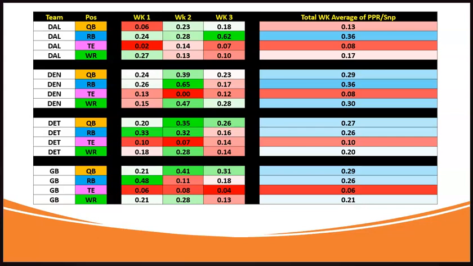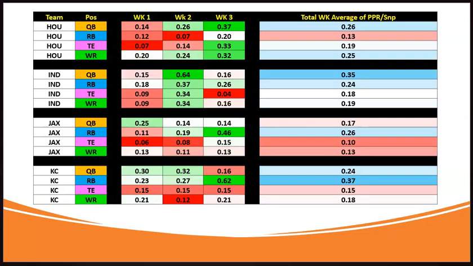Green Bay, another quarterback-scoring-only kind of situation. Jones was out those 2 weeks, and look at the running backs. If Jones comes back, do we see this pattern? Be curious to see what happens tonight. Houston, wow, Houston poured it on week 3.